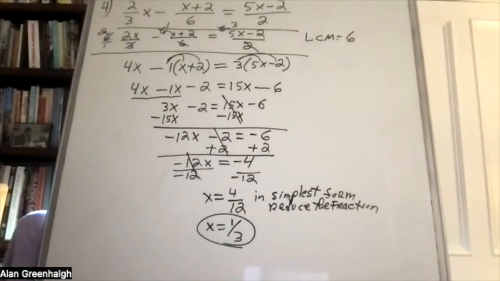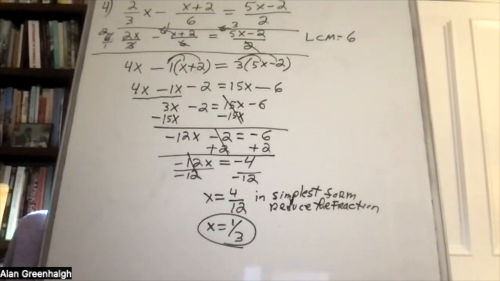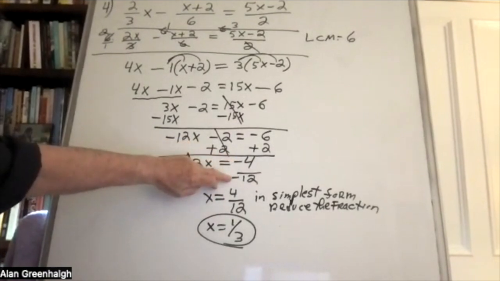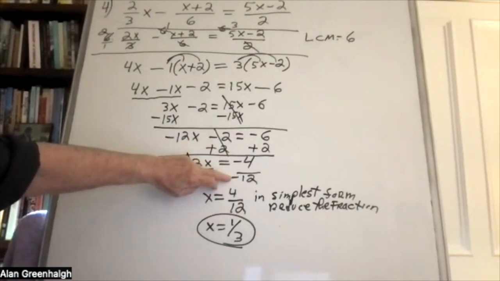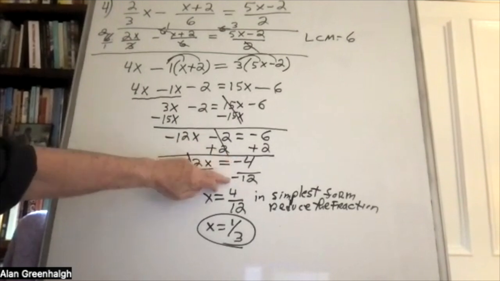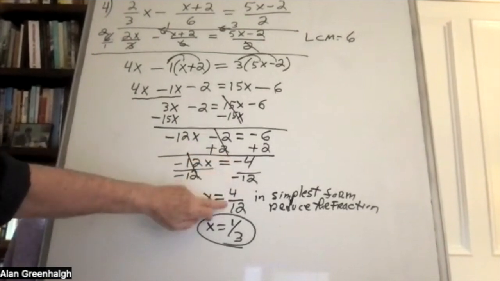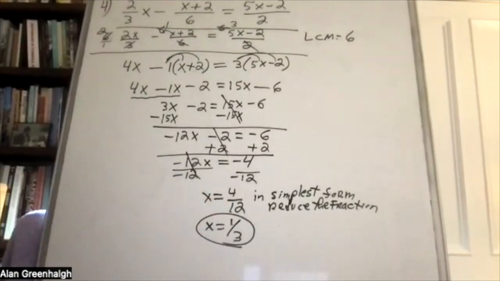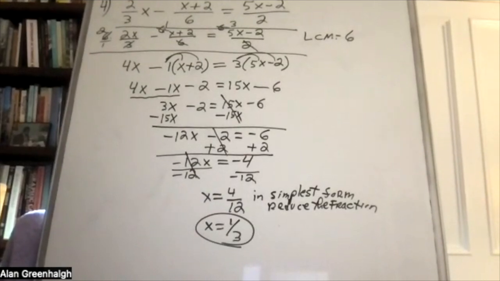How did the final answer end up x equals 4/12? Because a negative divided by a negative is positive. When you divide two negatives, it comes out to positive. Okay, I got it. Good question. Thank you. Anybody else?